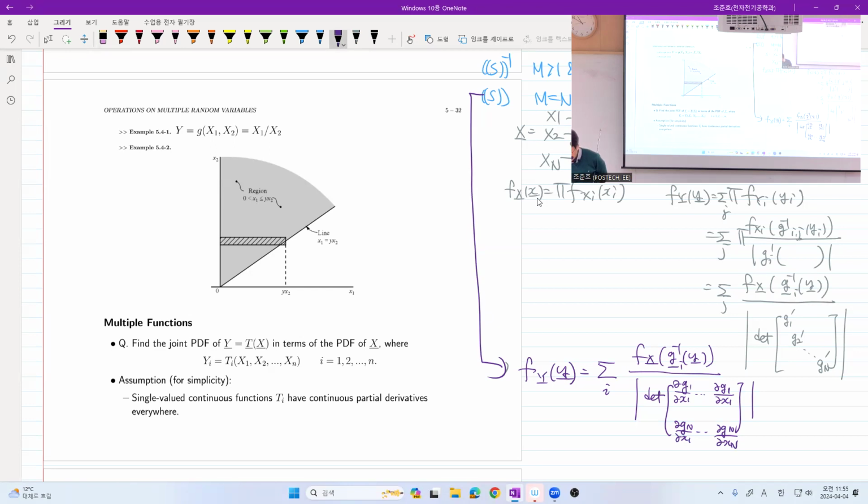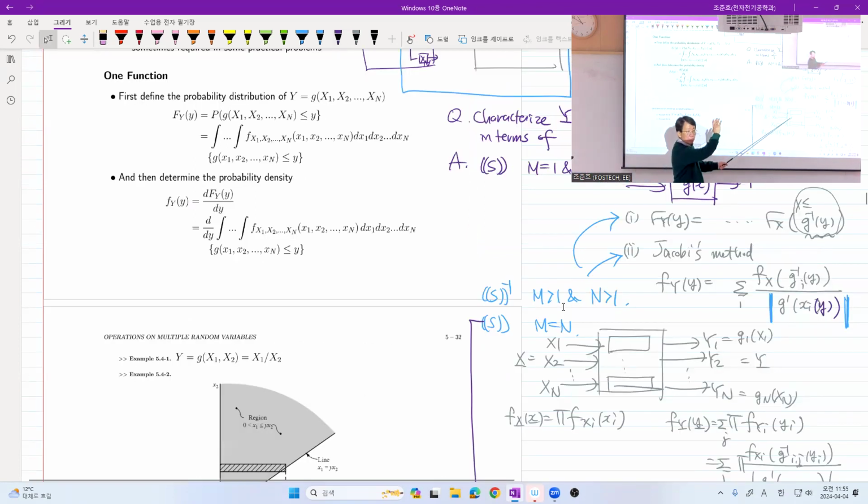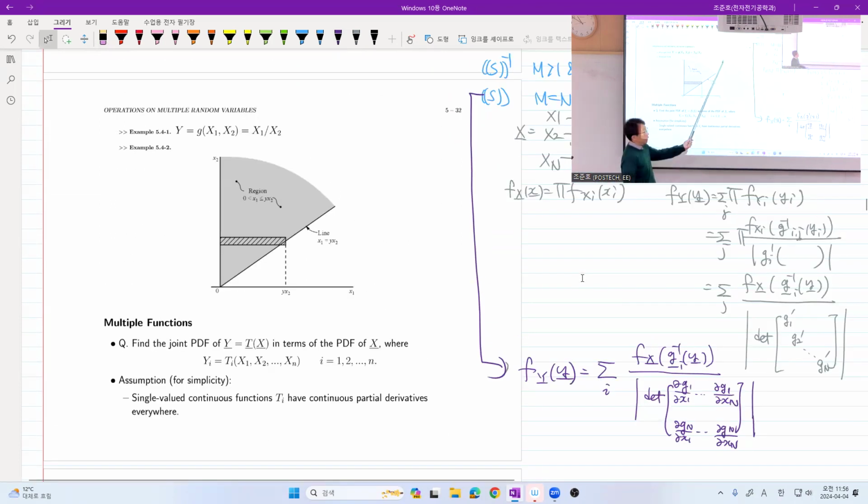Now, just a second. One, and one. Okay. Yeah, something like this. By the way, what is this one? In each row, you have the first function's partial derivatives, second function's partial derivatives with respect to x1, x2, and xn, and so on. And in the special case of that separable mapping, it reduces to what? The derivatives on the diagonals. Okay. So if they are not simply separable functions, you have this one.